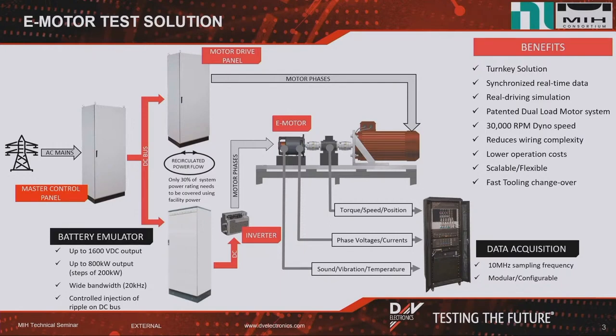In addition, then you have your data acquisition system that allows you to capture torque, speed, position, voltages, currents, temperatures, etc. Data that allows you then to analyze various parameters as well as performance indicators that you're interested in. Now, the data acquisition system here is developed along with the rest of the system internally by DNV.